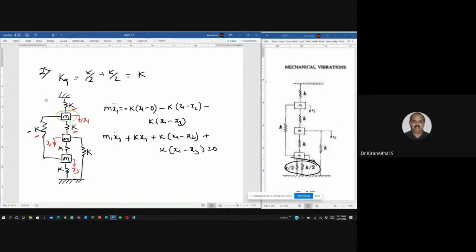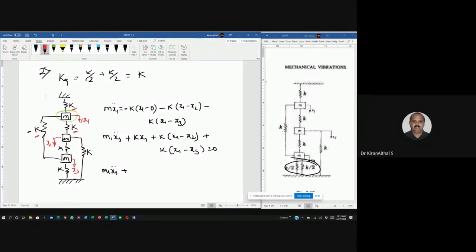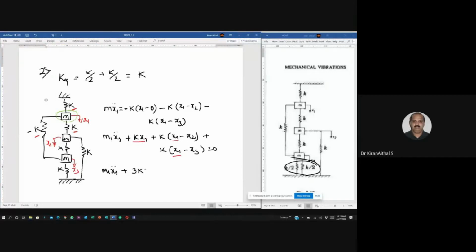Then let's segregate all the k's. How many k's are there with respect to x1? One is this, this, and this, so 3k x1. Next, x2: I have only this particular part, and x3 is this one.